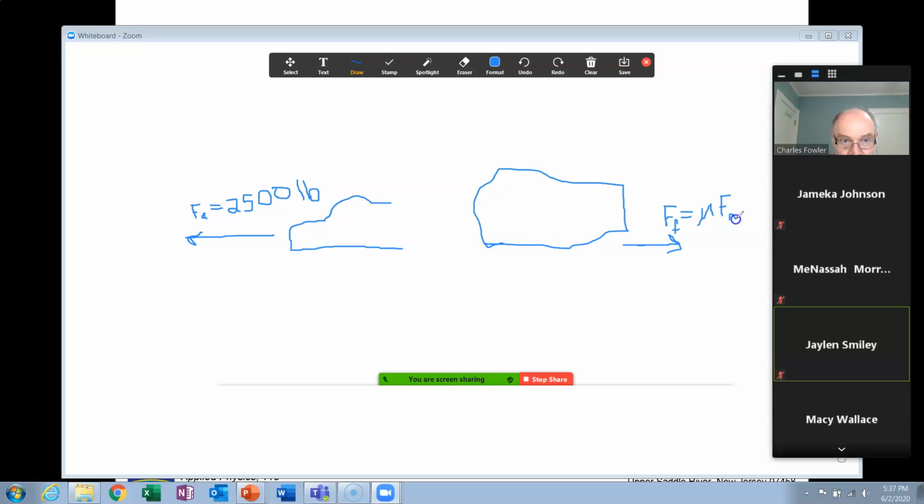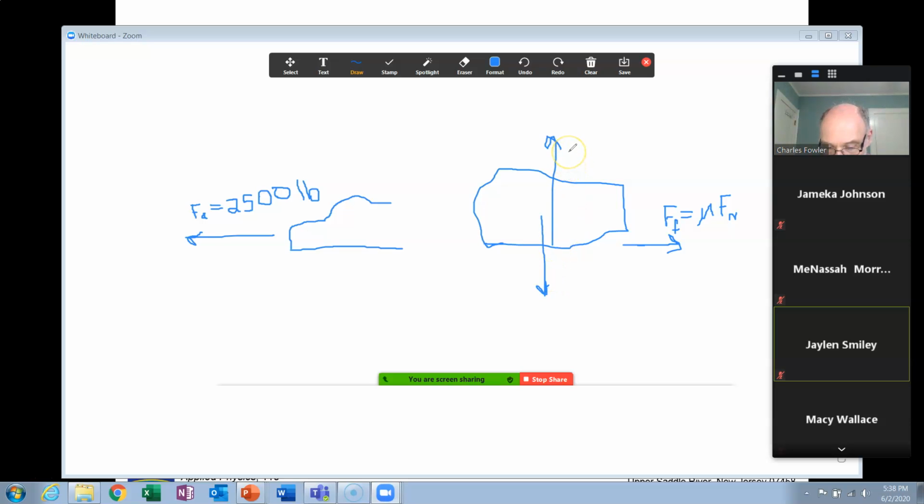Now, pretend we've got wheels and everything else and make that look like a truck. The normal force is the force the road is pushing upward on that truck. That's equal to the weight of the truck, because the truck's not flying off the road, nor is it crashing through the road. So these two forces have to be equal.